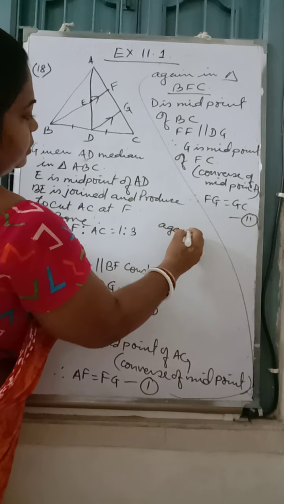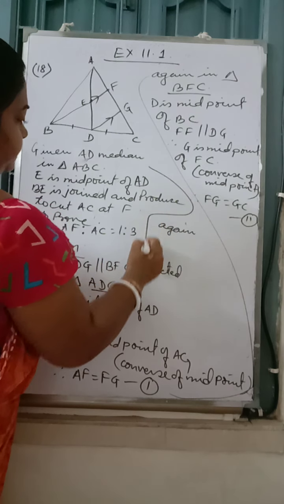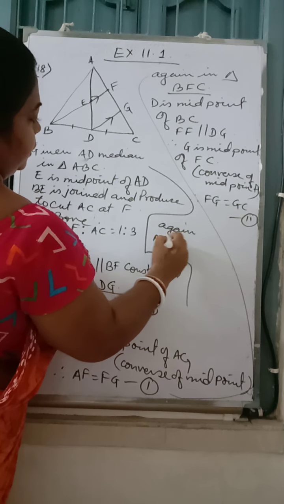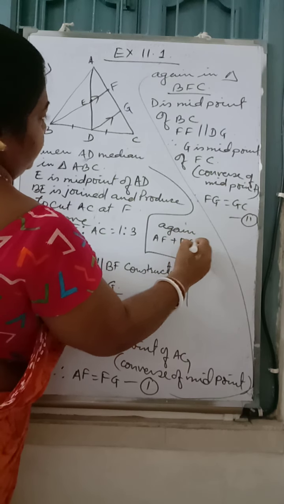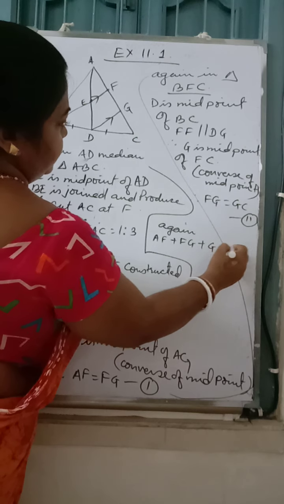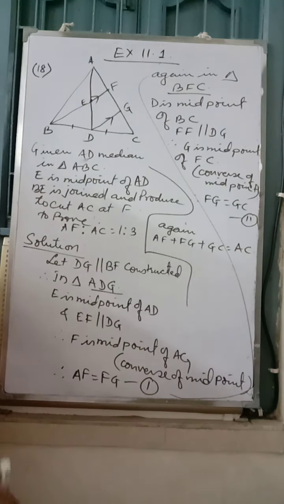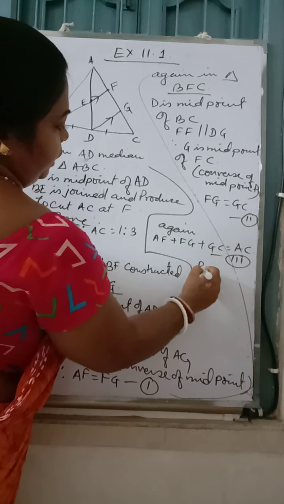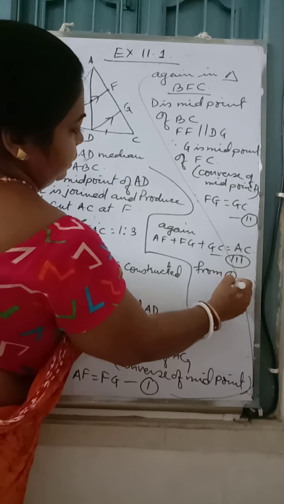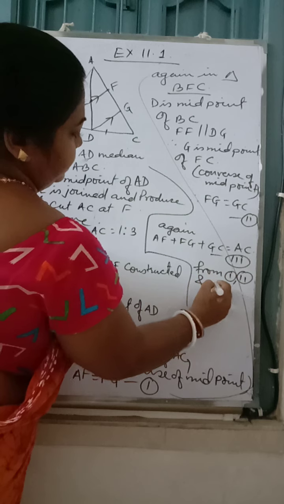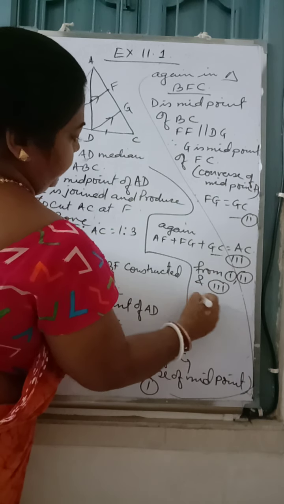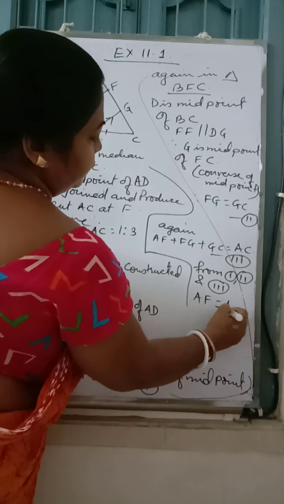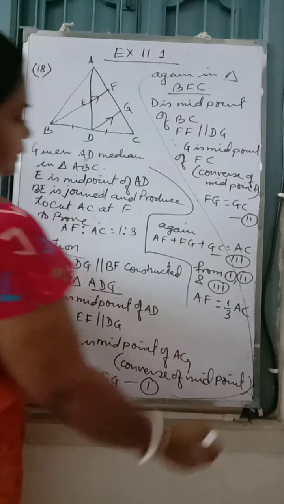Again, AF plus FG plus GC is equal to AC. This is number 3. From 1, 2 and 3, AF is equal to 1/3 of AC.